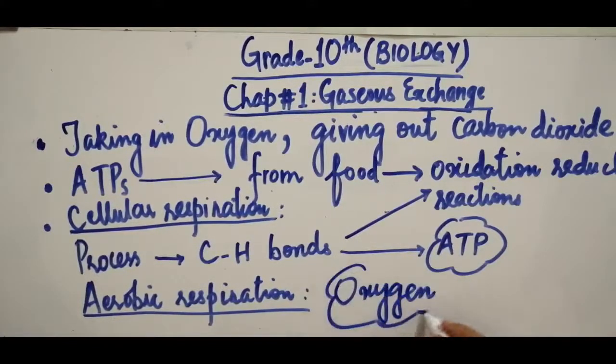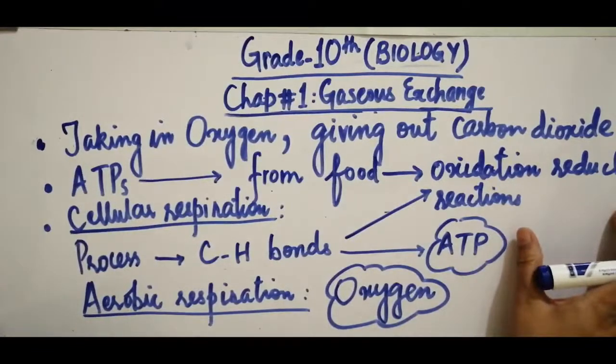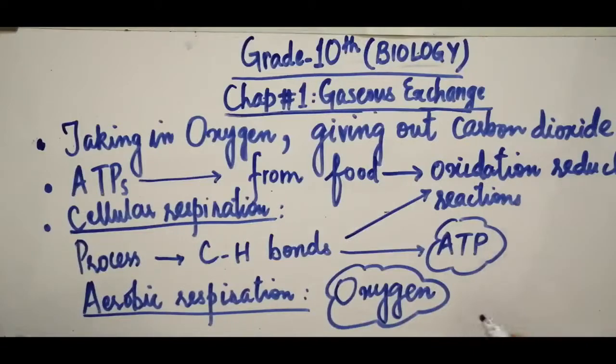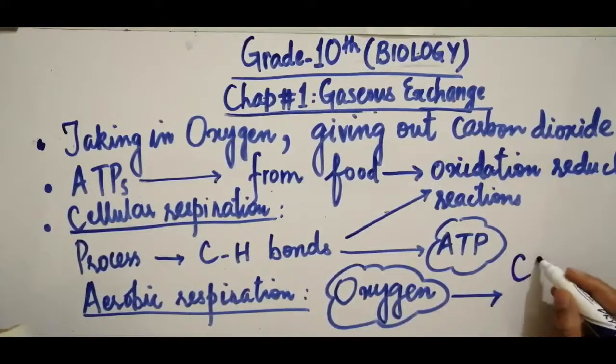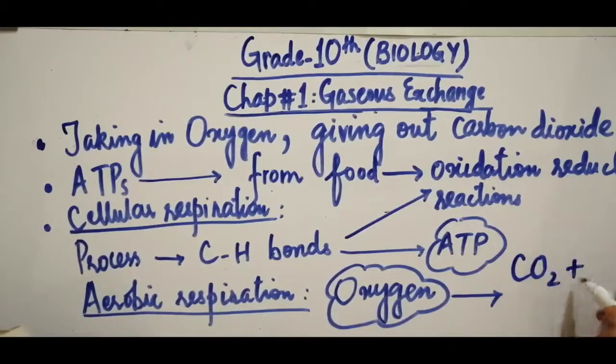Oxygen must be present, otherwise the process of cellular respiration, especially the aerobic one, will not take place. By the presence of this oxygen, a complete oxidation reduction reaction of food materials takes place, and finally the resultant products are carbon dioxide and water.